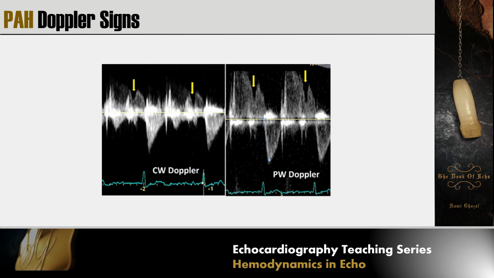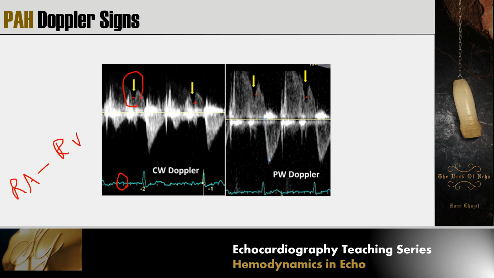Now I will tell you about Doppler signs of pulmonary artery hypertension. So if we have this notch or this dip, we call it a diastolic dip. This diastolic dip here and here and here can be seen in pulse wave Doppler and in continuous wave Doppler. When the atrium or RA contracts somewhere here, this is the P wave, it will generate pressure, thus increasing the RA pressure and then the RV pressure.